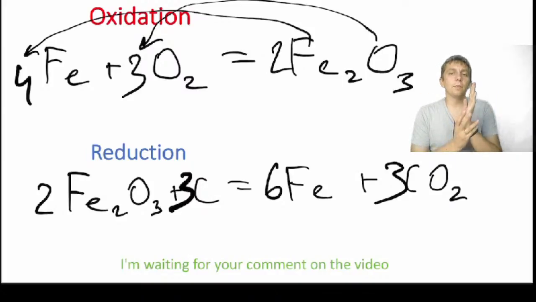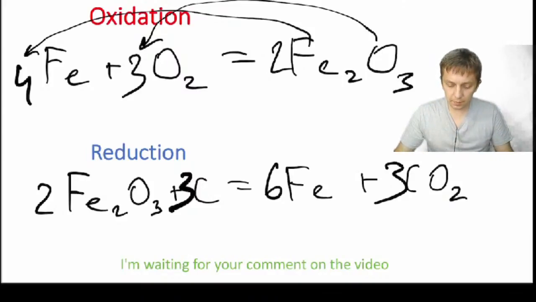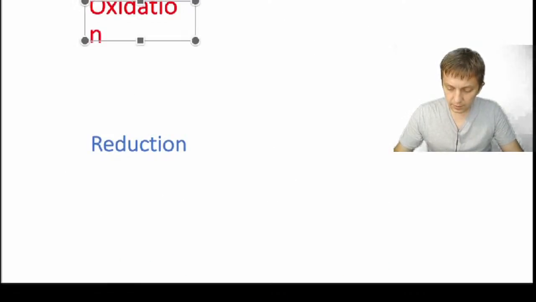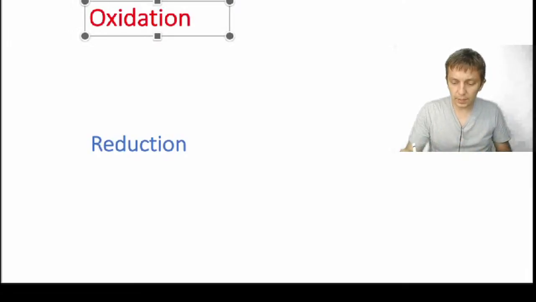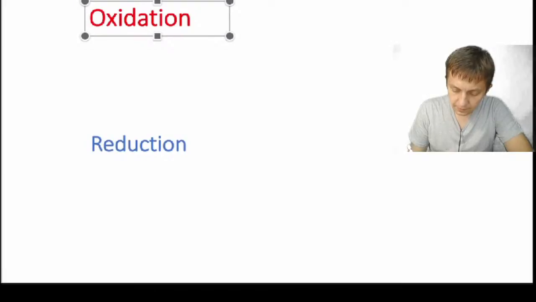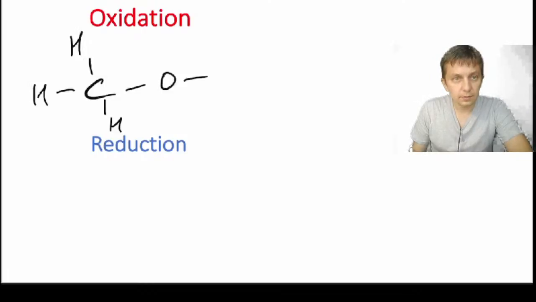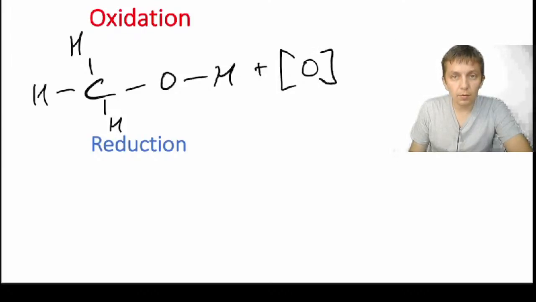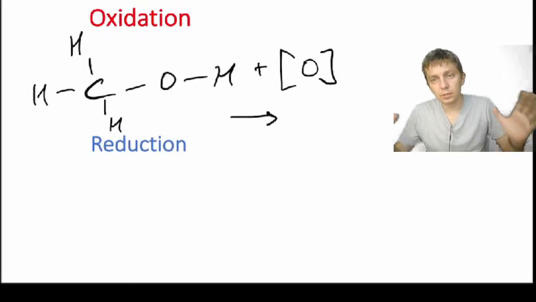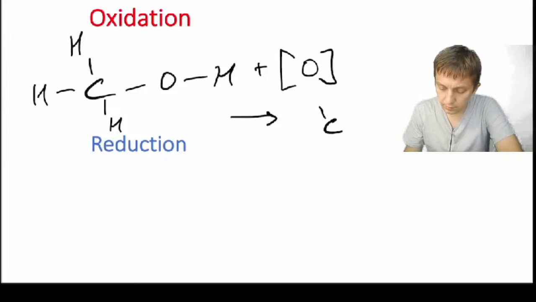And if we talk about this process for organic molecules, it is the same. For example, we have methanol, and under some catalyst we can add O in square brackets, which means it's not literally oxygen, it's some oxidizing agent. With O in square brackets, we can produce CH2O plus H2O.